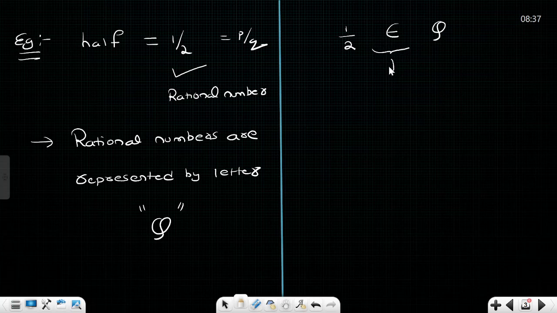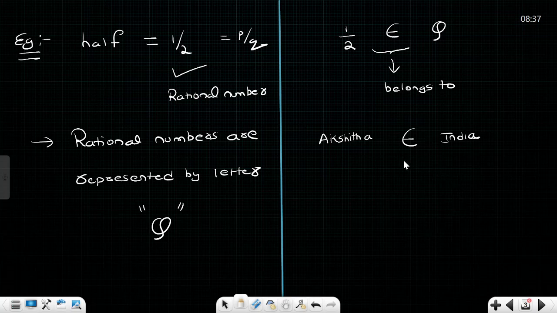What is this symbol? This symbol is called belongs to. What is the meaning? Akshita belongs to India. This is how you can write that English statement using the mathematical symbol.